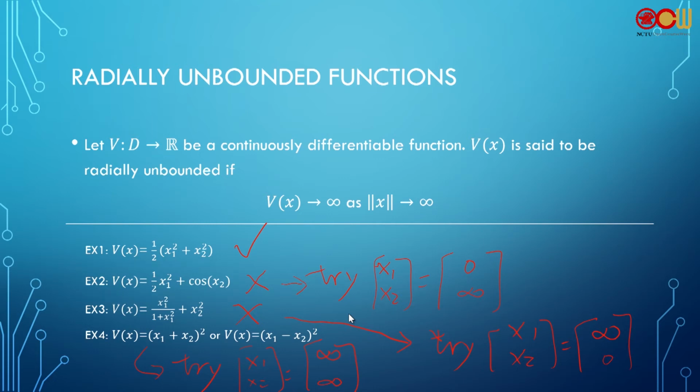It's just a definition, and that will be used later. So we first define this and give you some examples. Example 3, is it radially unbounded? No, because again, this function can be lower and upper bounded. This function is lower bounded by 0 and upper bounded by 1.